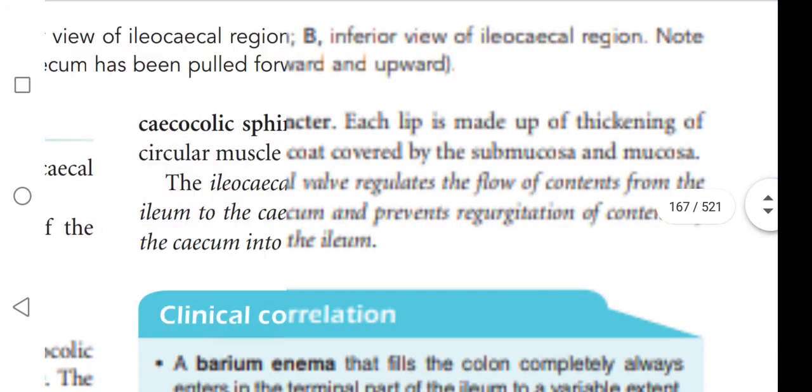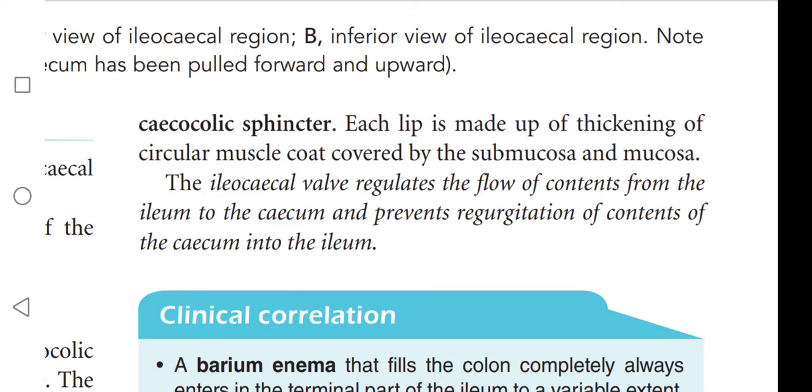Each lip is made up of a thickening of the circular muscle coat covered by submucosa and mucosa.